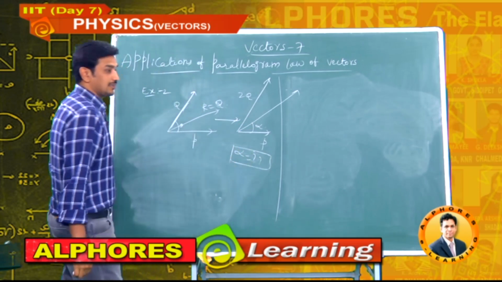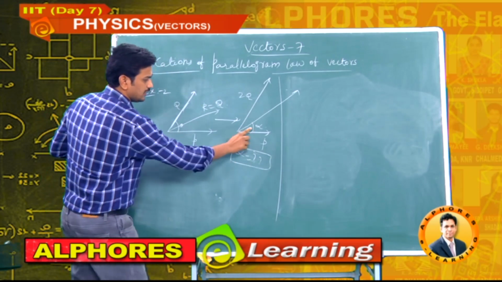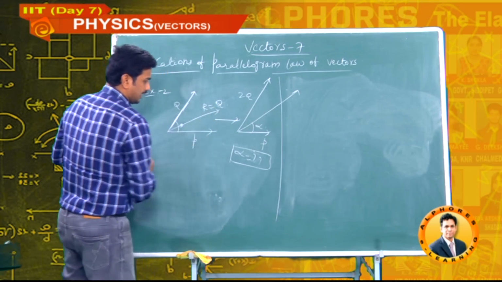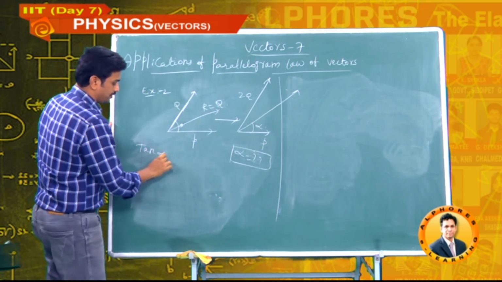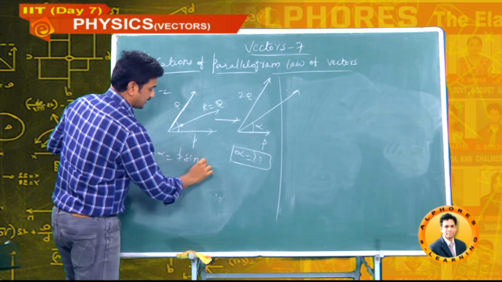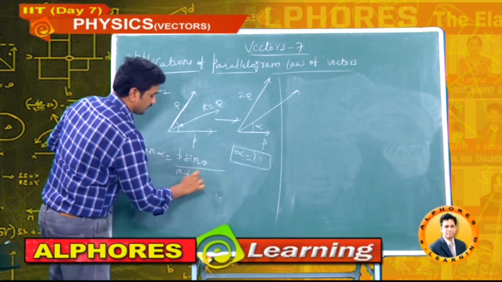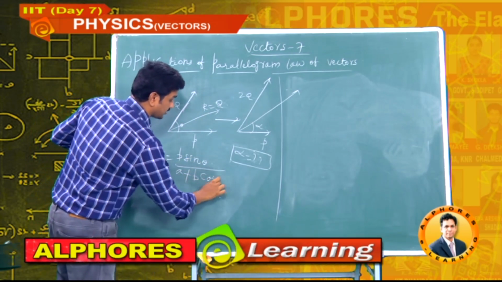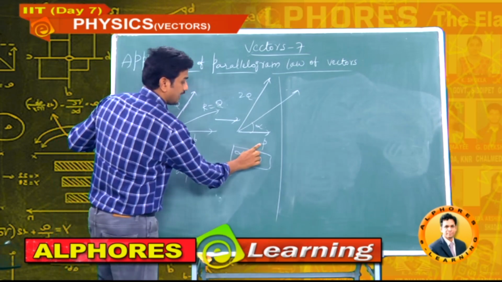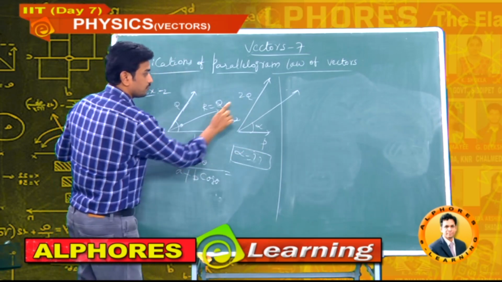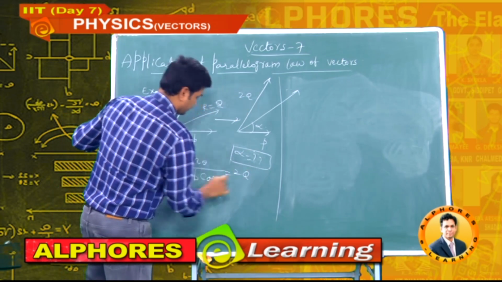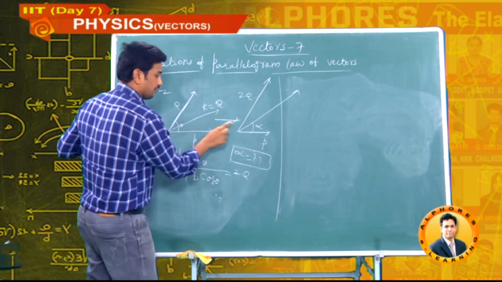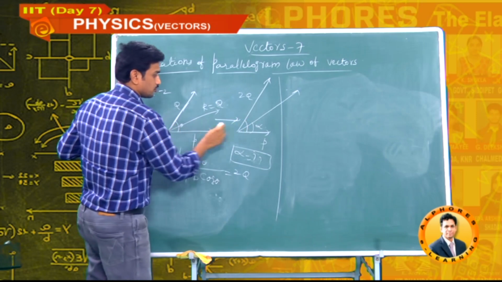How to calculate this alpha value? See, in this, tan alpha is equal to, we know the formula, B sin theta by A plus B cos theta. See, this is the A, this is the B, B is 2Q. Sin theta: here we maintain the same angle, here also theta.